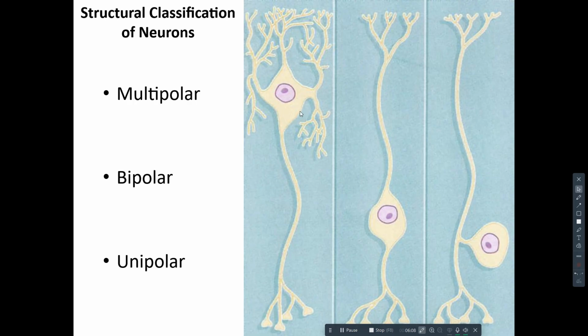This is a multipolar neuron right here. Notice his cell body has multiple processes. This is a bipolar neuron right here. Notice his cell body, his soma, just has 2 processes. And my final dude over here is a unipolar neuron, which is a single short process that splits rather quickly, coming off of his soma.